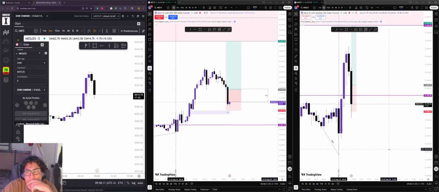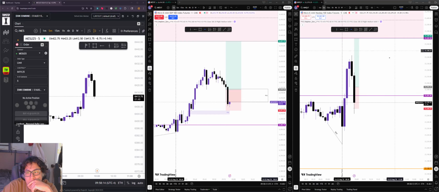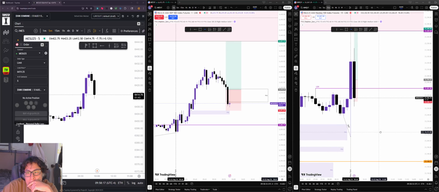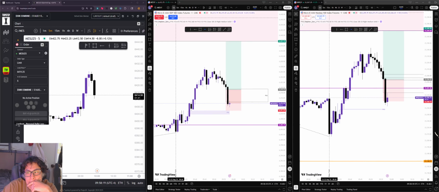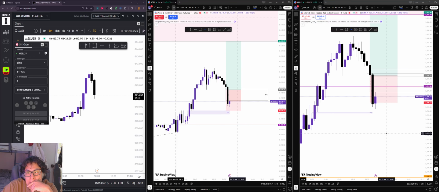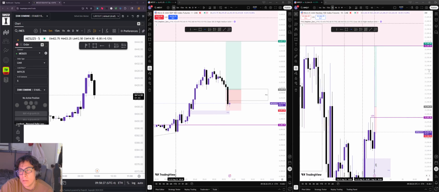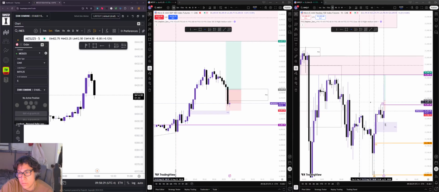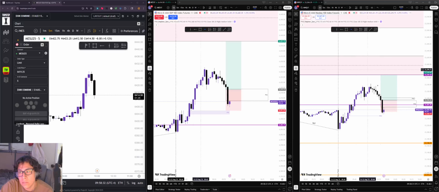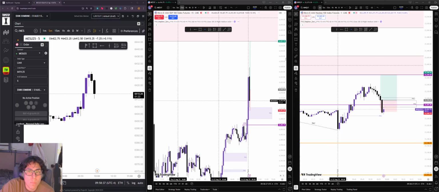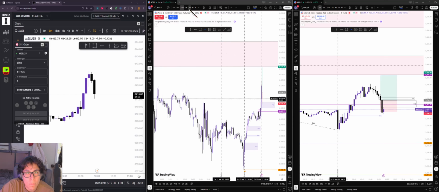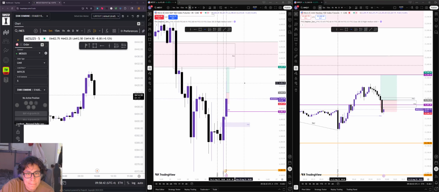See where I messed up. So we came and took out this low. We came all the way up here and took out highs, it looks. Yeah, so we took out these highs.